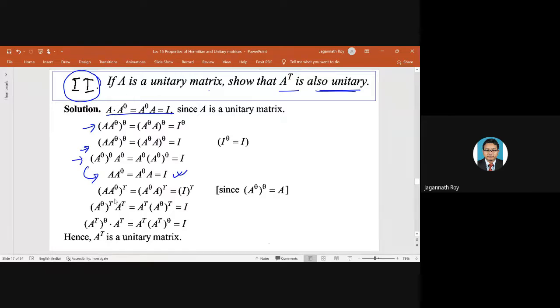Now our aim is to find this relation. So if you take the transpose from here, then you will get these relations, and finally here. So this is an easy verification. Just go through it, you will understand.